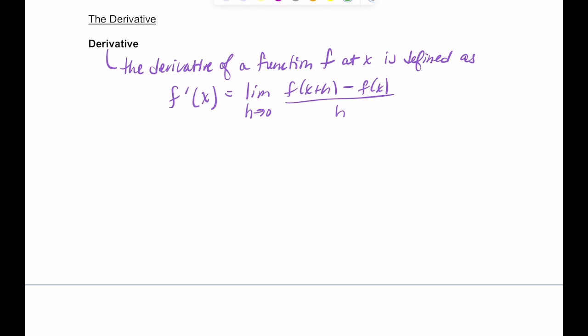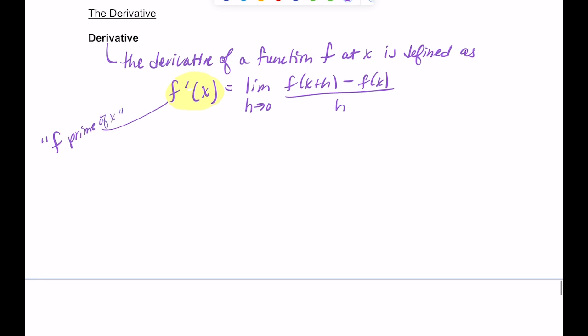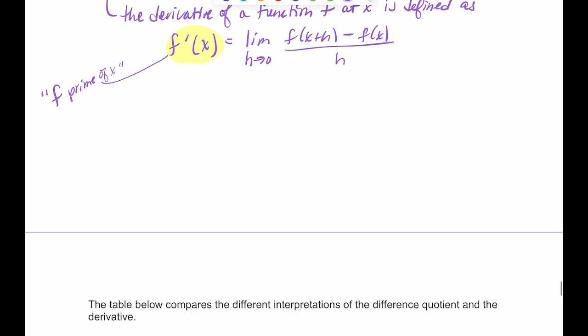Okay, and this right here is pronounced f prime of x. Provided that the limit exists, of course. Okay.